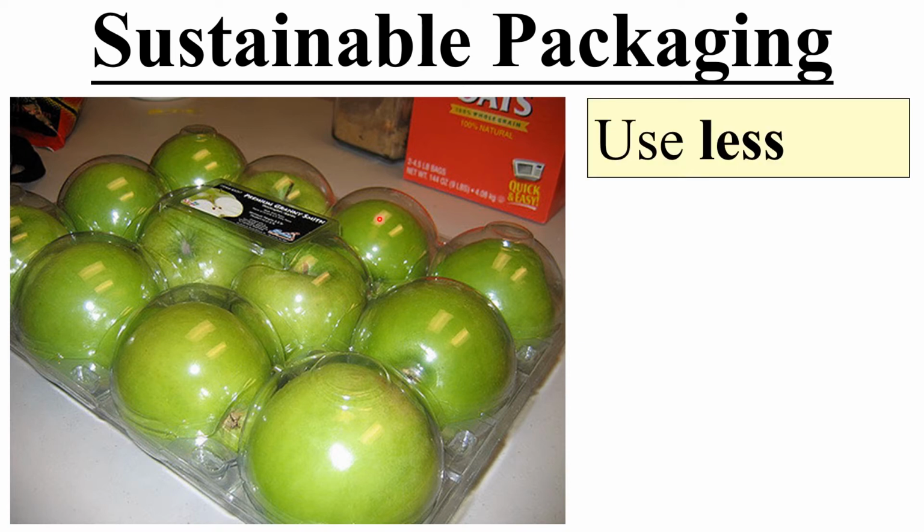So in order to make the packaging industry more sustainable, then the first thing would be to use less. So I mean, if you look at this, that's just unnecessary, isn't it? I mean, if you buy apples, presumably you're going to wash them before you eat them. So yeah, unnecessary.